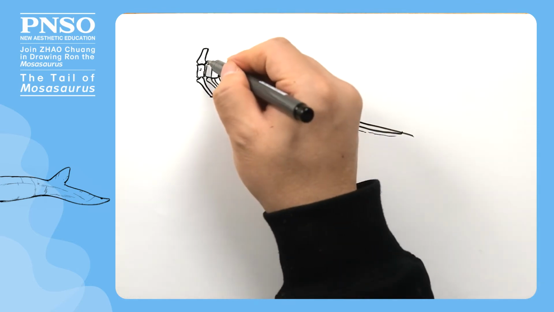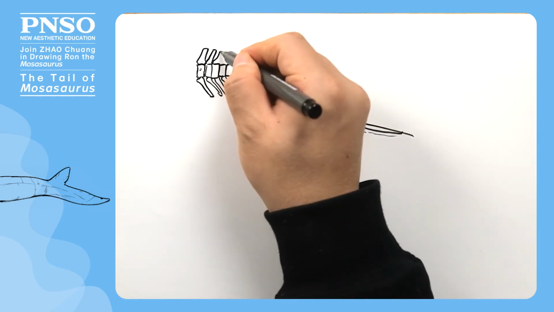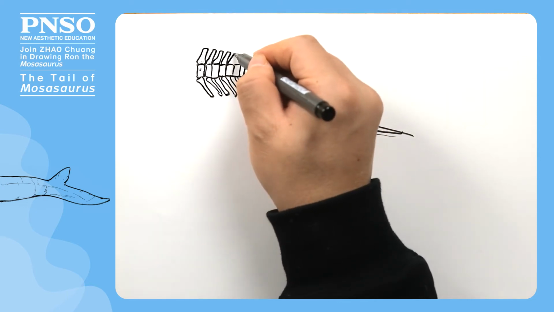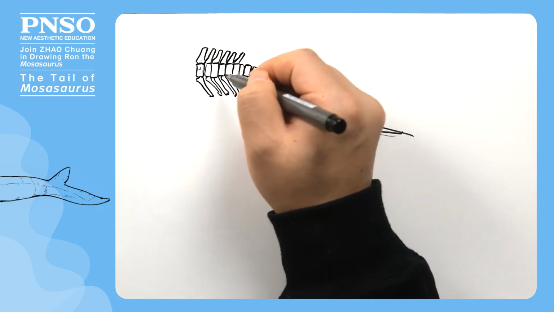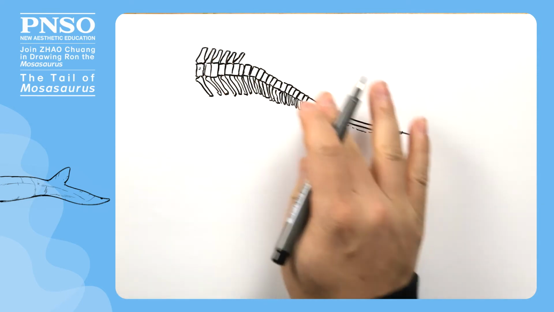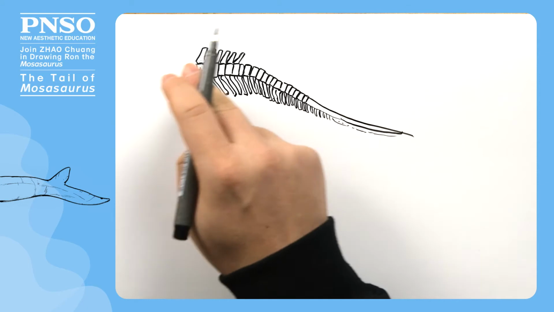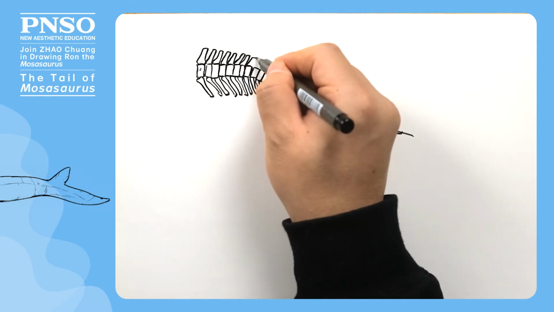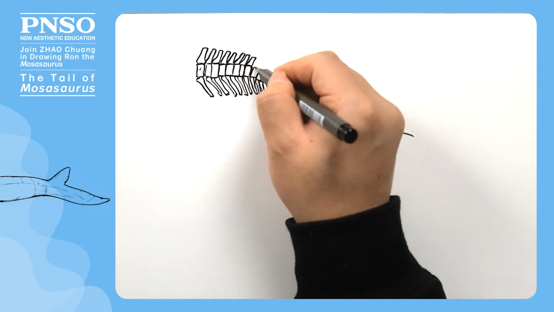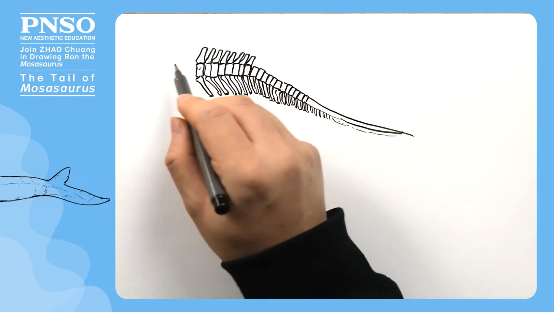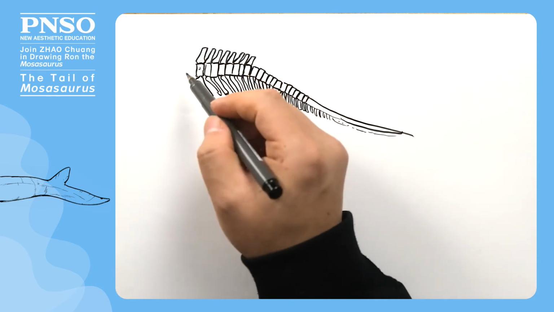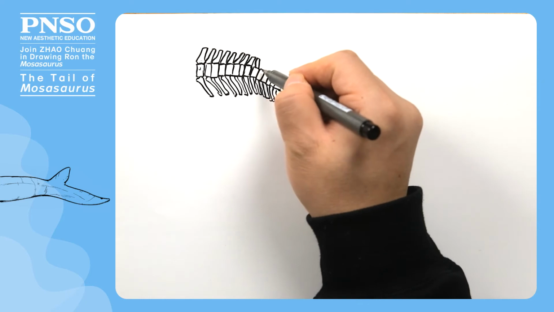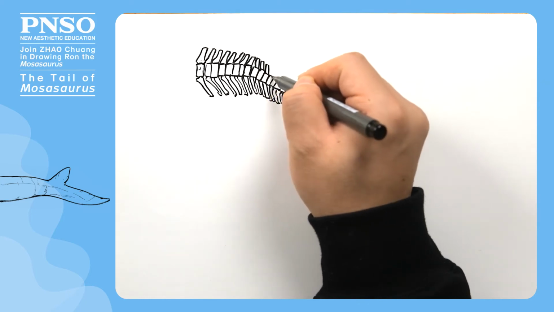Then about its neural spines. Before people found Mosasaurus had a downward curving tail bend similar to that of ichthyosaurs, people had noticed the neural spines in the front half of its tail were all facing backward. But the ones on the end, on the contrary, pointed forward.